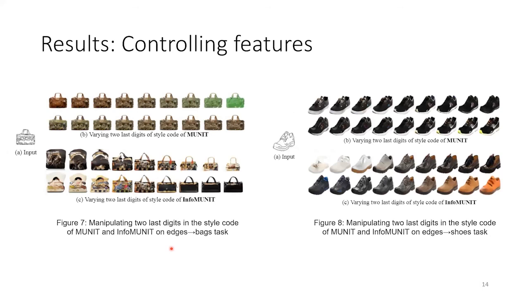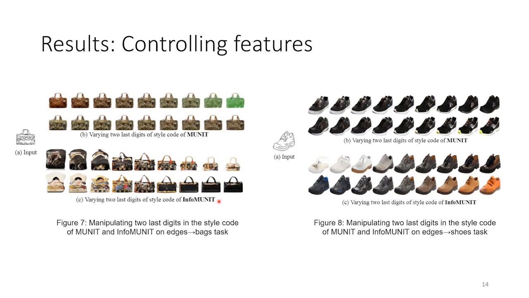We have done another test which shows the advantage of our method over MUNIT in terms of manipulating features. In the figure to the left, we can observe that by varying values of the style code in MUNIT, we can manipulate some small changes like the color of the object, but with our method, we can significantly manipulate the features of the object.